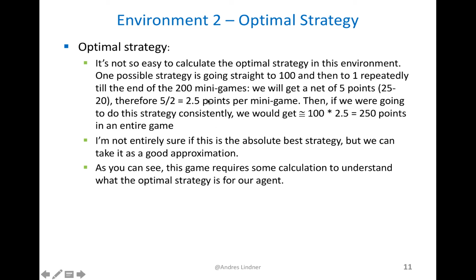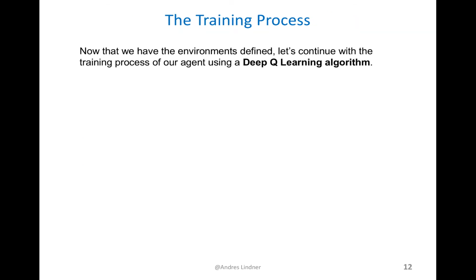So we'll have this calculation: 100 times 2.5. That will be the entire score, which is, as you can see, much better than minus 1,000, the benchmark for random play. Again, I'm not entirely sure this is the absolute best strategy, but it's a good approximation of the optimal strategy, and it's good to have it as a benchmark.